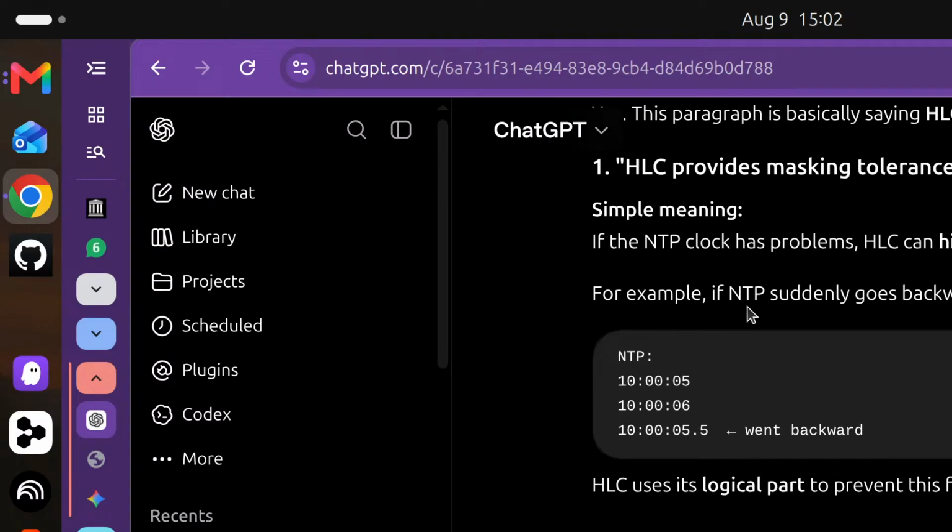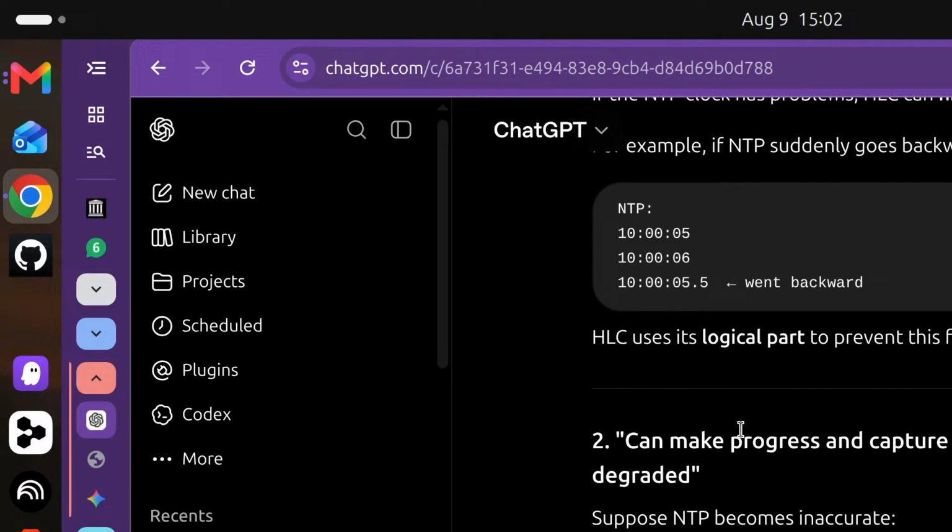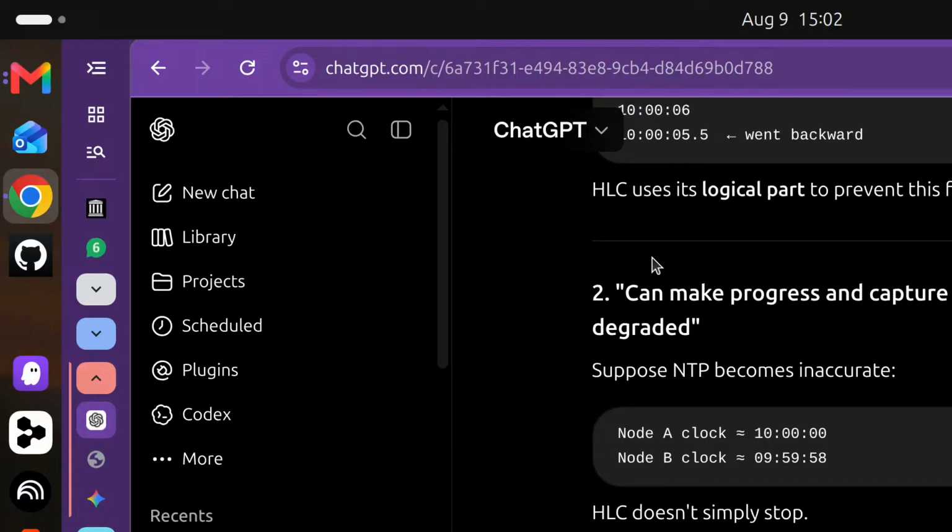For example, if NTP suddenly goes backwards, right, from 10.06 to 10.05, it went backwards. So in this case, HLC uses its logical part to prevent this from breaking event order, and can make progress and capture causality even when synchronization has degraded.